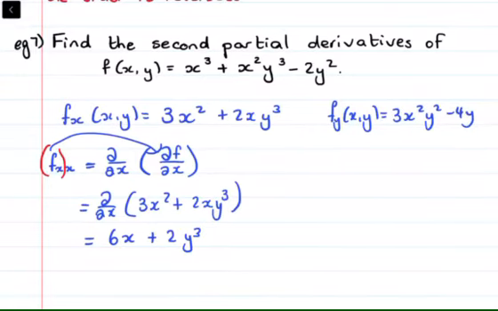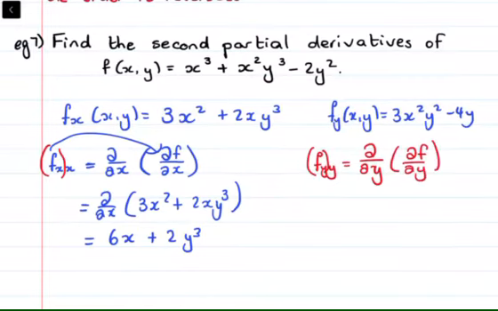And now what happens if you are trying to find fyy? Remember, you put in brackets there. It means that you are finding the partial derivative with respect to y of what we have there. So you first find the partial with respect to y, and then you differentiate it again. So these brackets, you can put them as something to tell you how to go about calculating the derivatives.